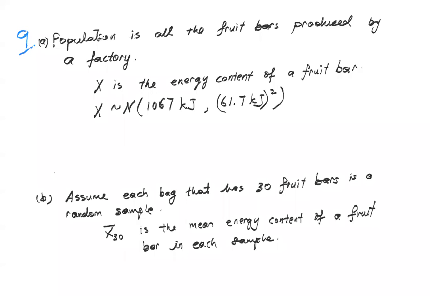Okay. So this question is another type of question whereby a factory produces this type of fruit bar. It's a population. So all the fruit bars produced by this factory are considered the population. It's ongoing, it produces every day. So in actual fact, you don't know the mean or the standard deviation, but in this question, they give you.